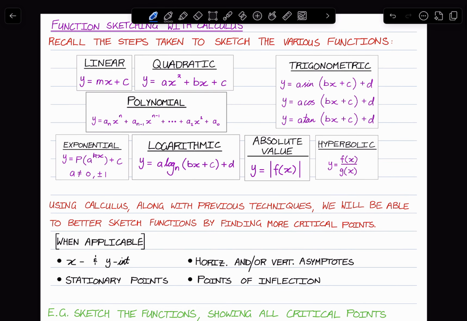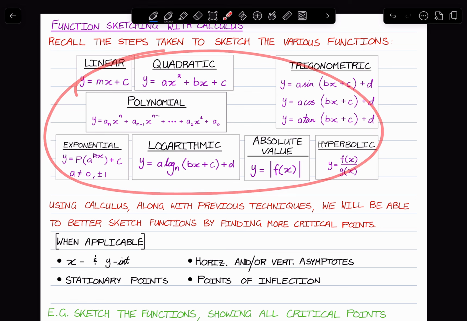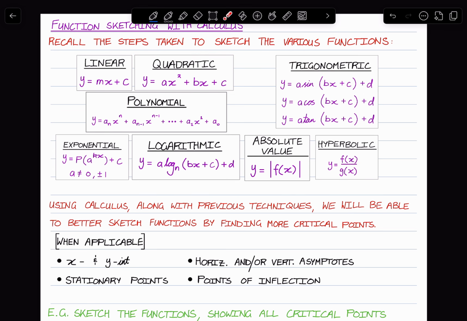So first, to make sense of this whole thing, we need to recall the steps taken to sketch all the various functions that we've encountered so far. Usually with all of these, we work with the parent graph and then do all the different transformations of them.